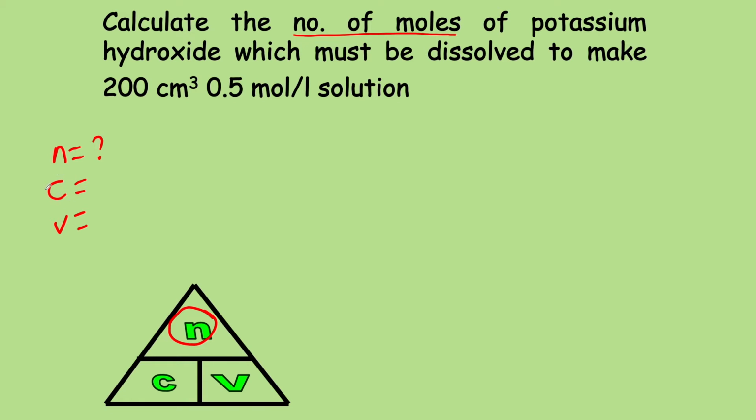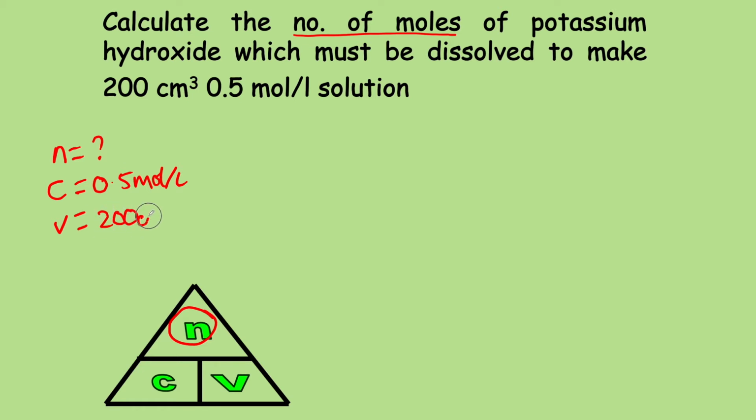So let's tackle our concentration first. That would be 0.5 moles per litre, because remember, concentration is measured in moles per litre. So that right there is 0.5. And the volume here is 200 centimetres cubed.